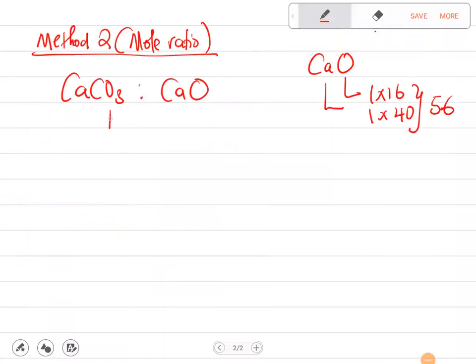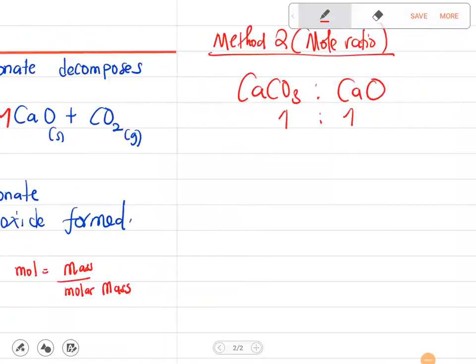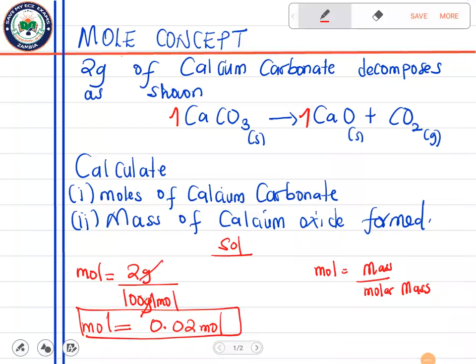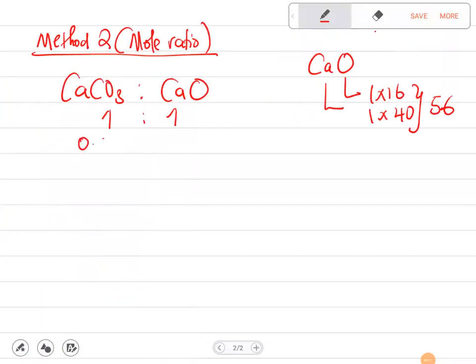So it's 1 to 1. The number of moles for calcium carbonate, which we calculated here, was 0.02. So we put 0.02. Here we put X. Now remember, because the ratio is 1 to 1, whatever I multiply is just the same. That means even X, which is the number of moles for calcium oxide, is just 0.02 moles.